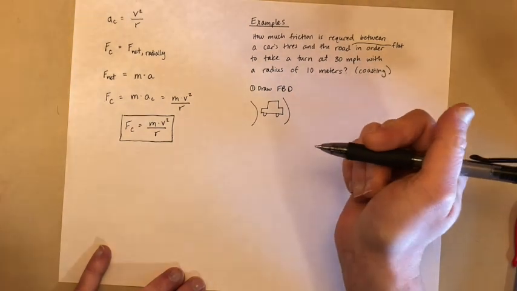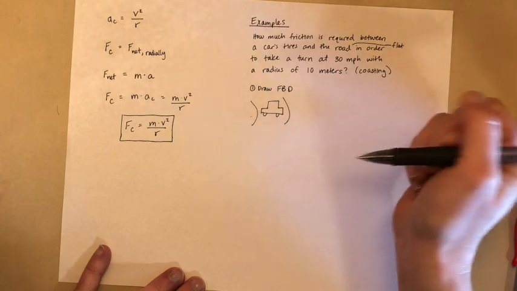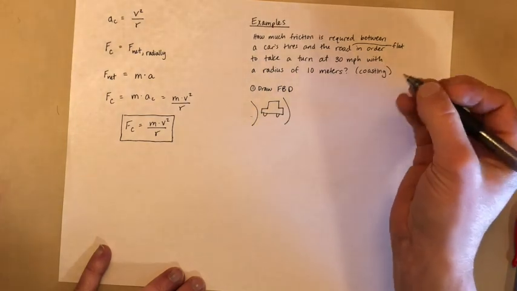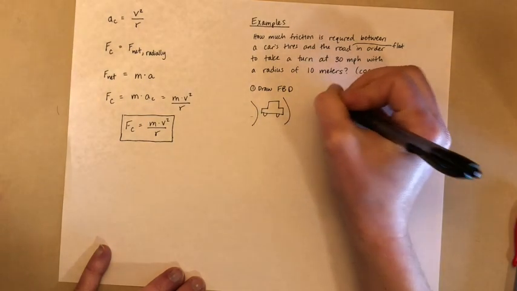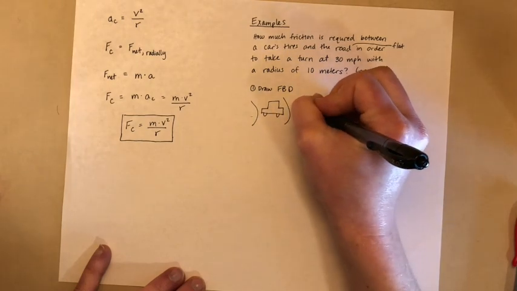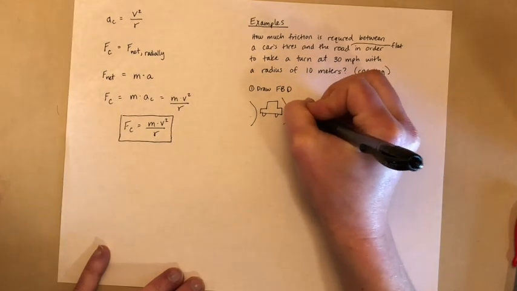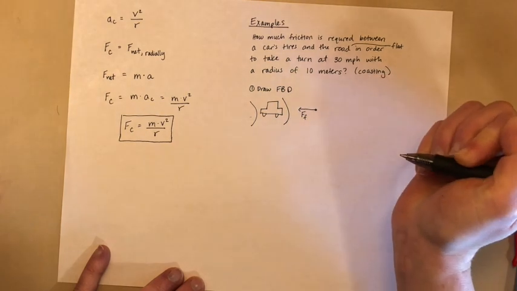In order for them to be turning, they need some amount of inward force, and as we talked about before, that force that's causing the turn is really just the friction between the car's tires and the road.